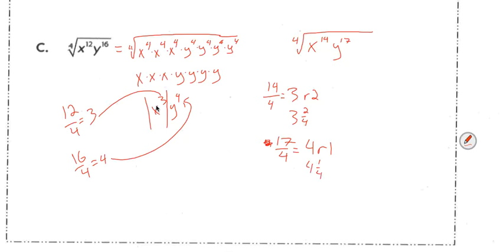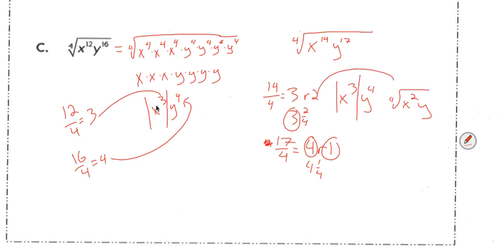So my final answer here would be x cubed, that's coming from here, with 2 x's left under the root, because 4, 8, 12, and then 2 left over. And then here, I would get a y to the 4th on the outside with just 1 y left over. That's coming from 4 with the remainder of 1, and I still need the absolute values here.